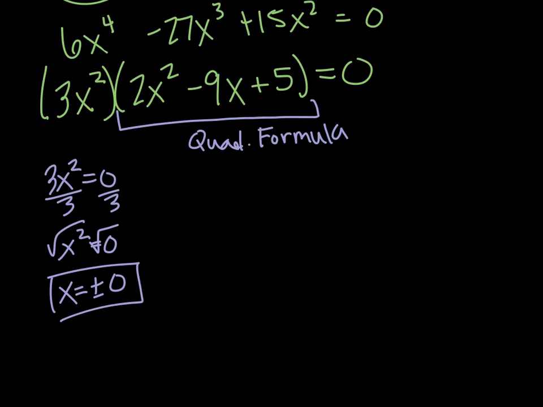So a is going to be 2, b is going to be negative 9, and c is going to be 5. So plug this in.